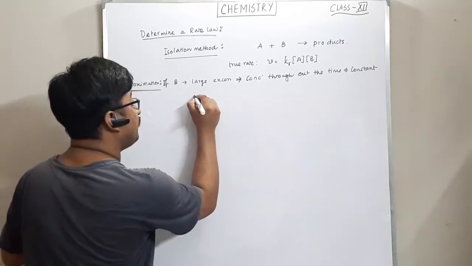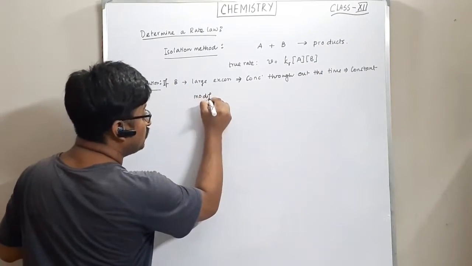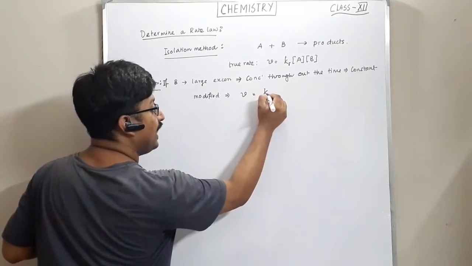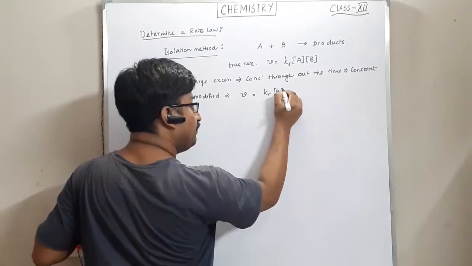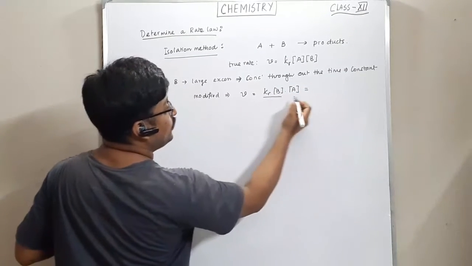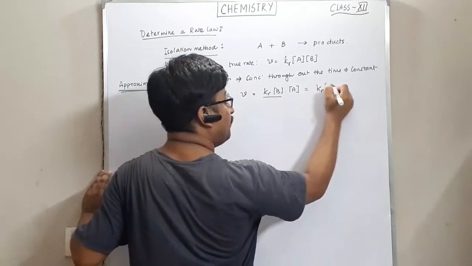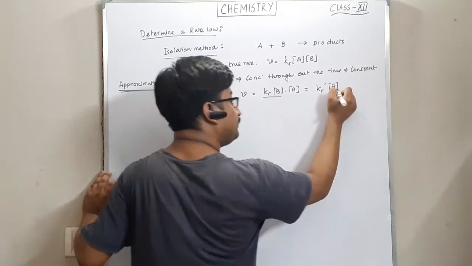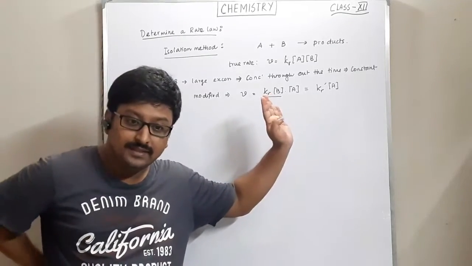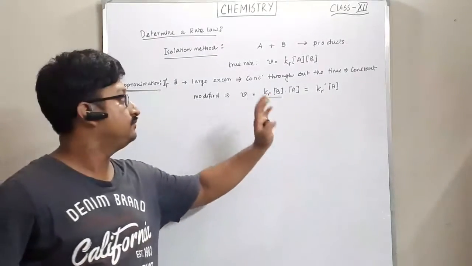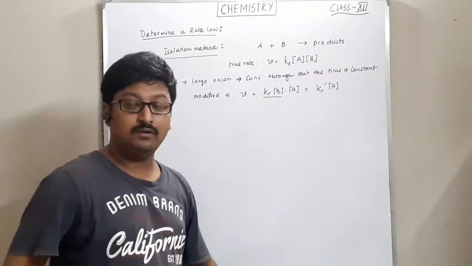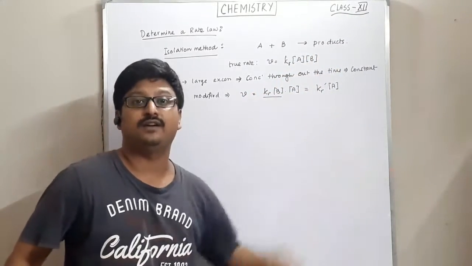So what will be the modified version? V is equal to k_r multiplied by B multiplied by A. So instead of writing k_r into B, we can write k_r prime into A. Now this reaction, you can think that this power is 1, this power is 1, so this reaction is a second order reaction.